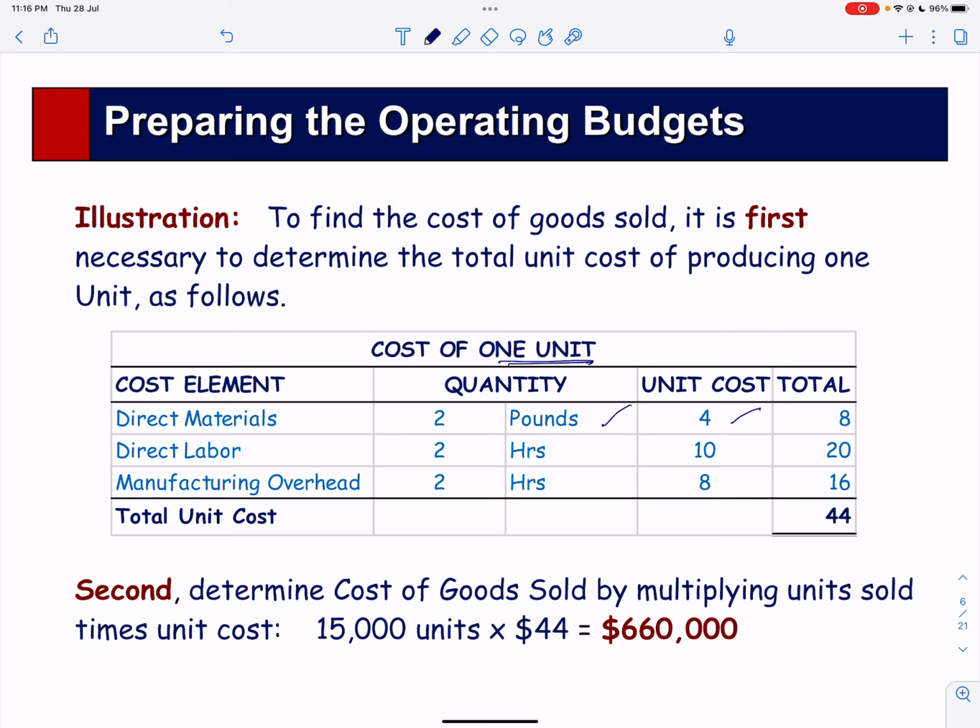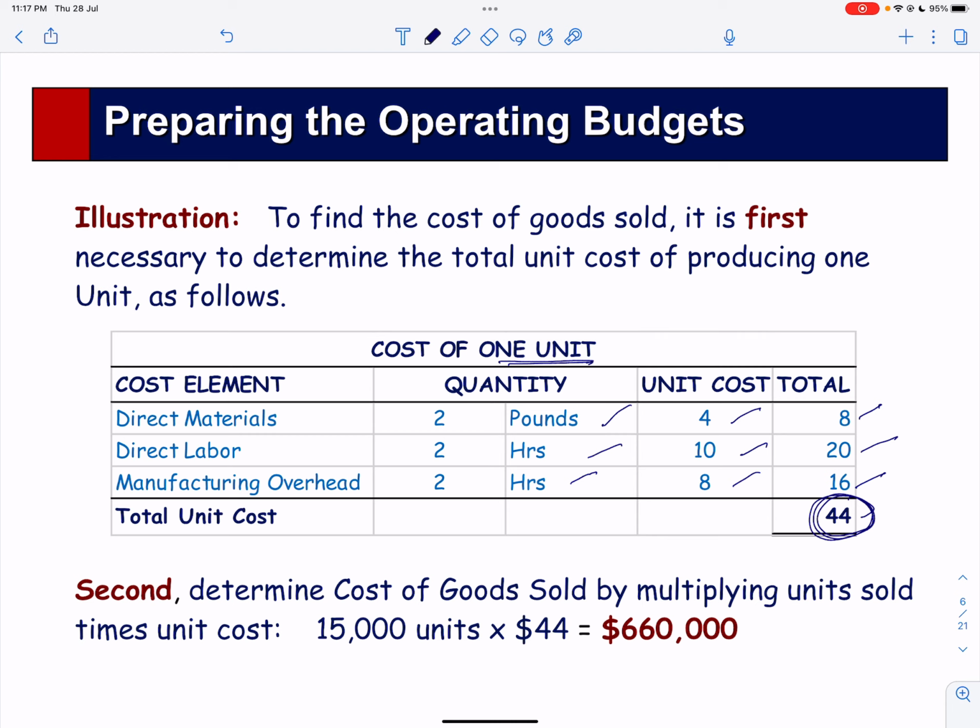So the total direct material cost for one unit is 8. In the same way, direct labor consumed is 2 hours and the unit cost for direct labor is 10. So the total cost is 20. Manufacturing overhead is 2 hours and the unit cost is 8. So the total is 14 and the total unit cost is 44.